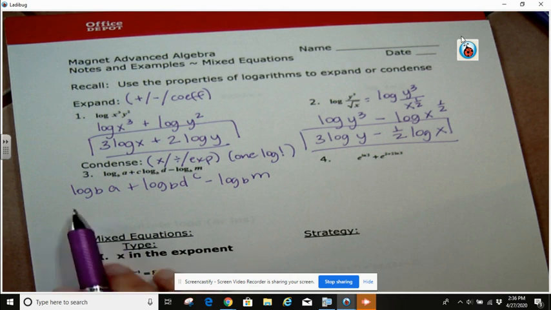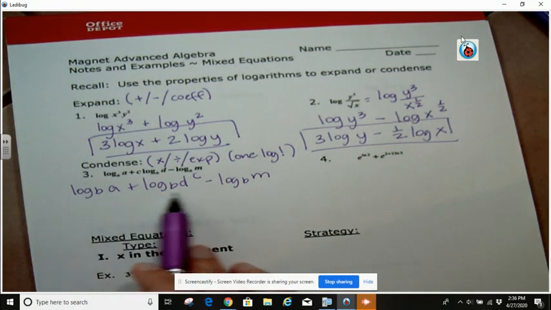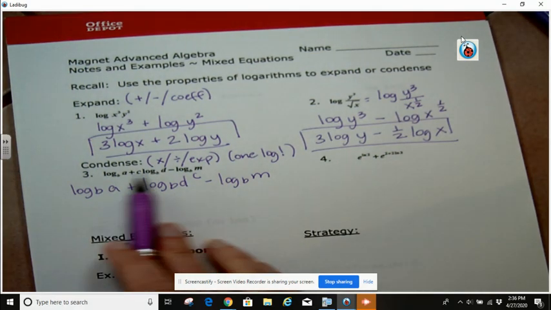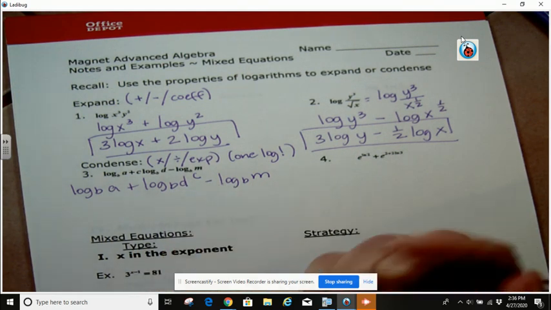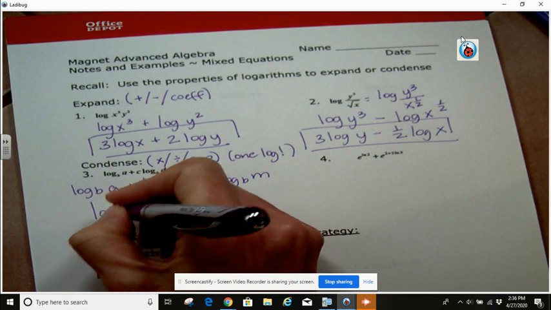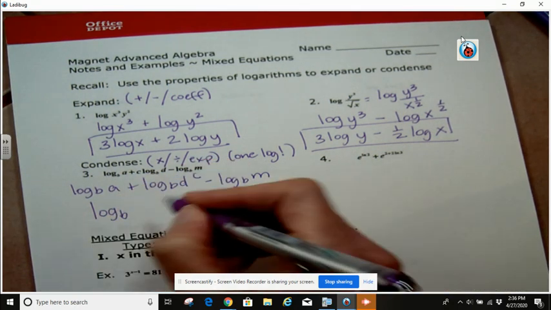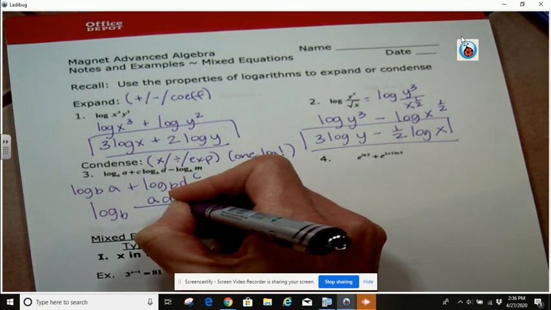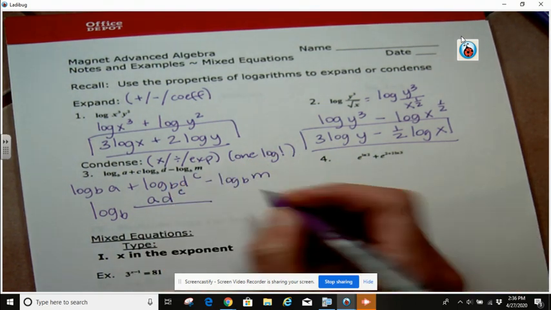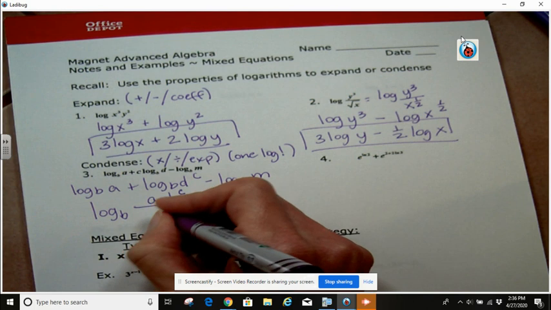Okay, then I have these 2 logs are added. So that's going to change to multiplication, and then the subtraction is going to change to division. So I have one log, log base b, and in the numerator is going to be a times d to the c power, and in the denominator is going to be m.